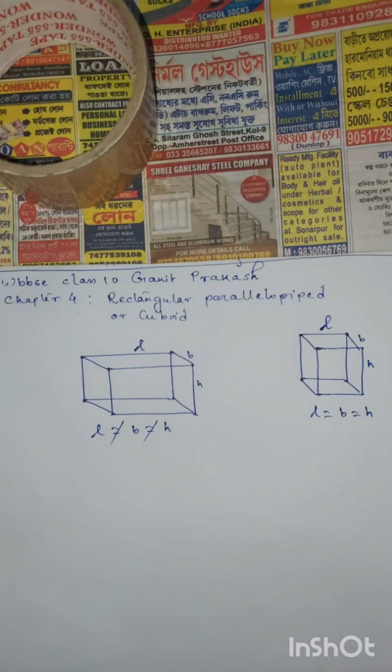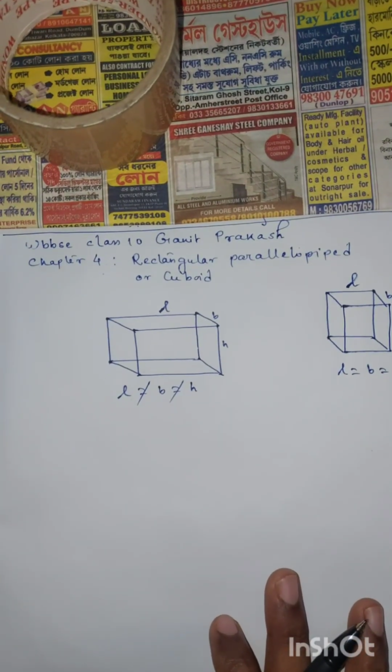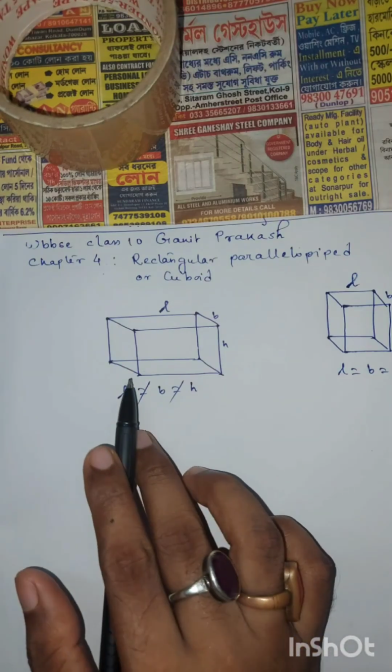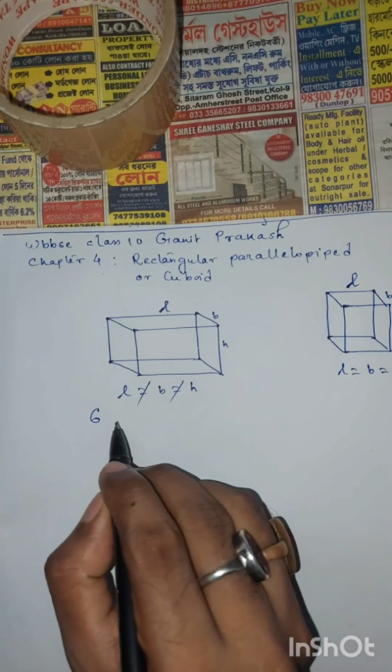Generally these three dimensions are different. So it also has 6 surfaces.